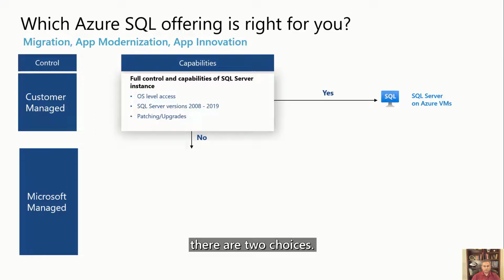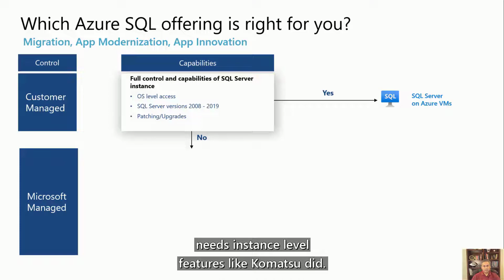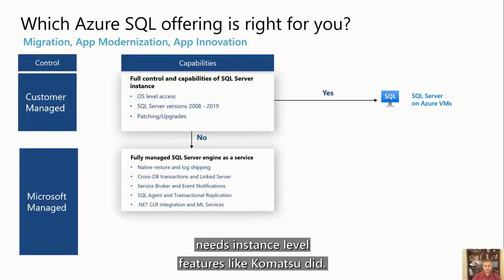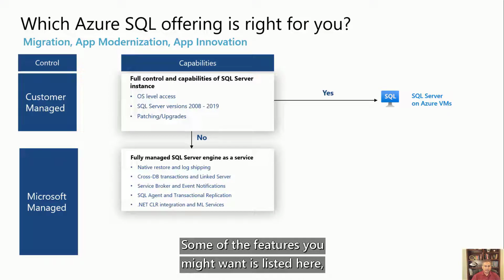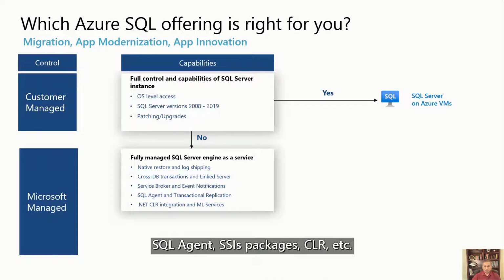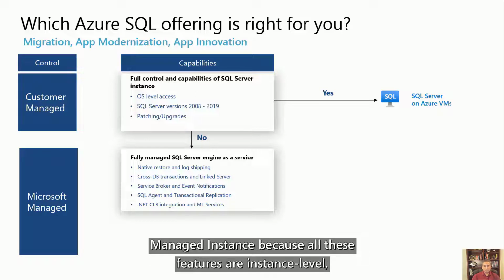Again, as I mentioned earlier, there are two choices. The first choice is if your application needs instance level features like Komatsu did. Some of the features you might want are listed here, such as cross database queries or linked servers, SQL Agent, SSIS packages, CLR, etc. Then you will need to go to managed instance because all these features are instance level.